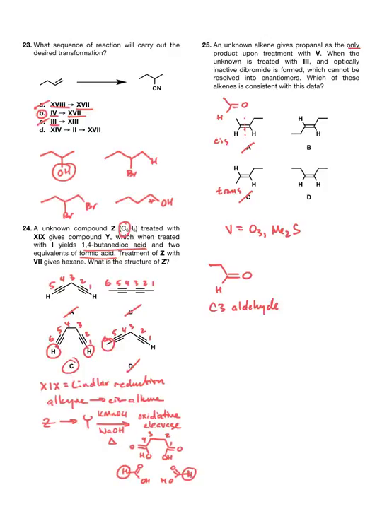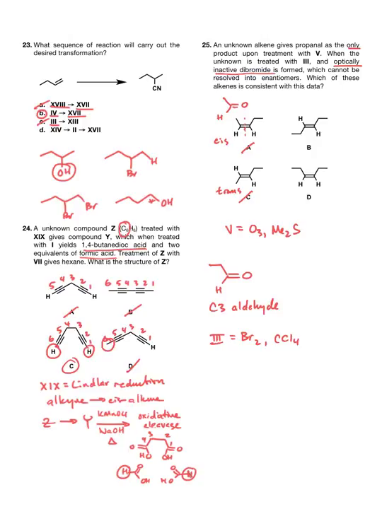And it says when the unknown is treated with 3, so 3 is molecular bromine in carbon tetrachloride, so that's a non-participating solvent. You're forming an optically inactive dibromide that cannot be resolved into enantiomers.